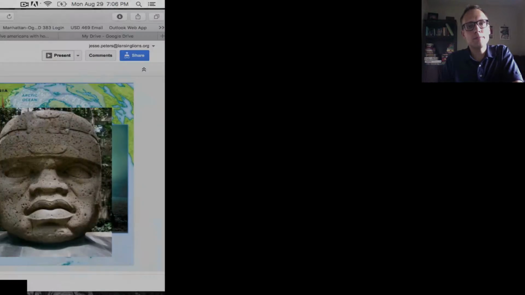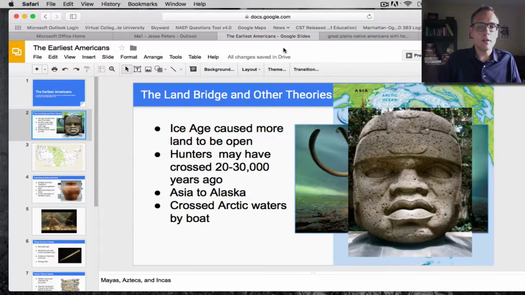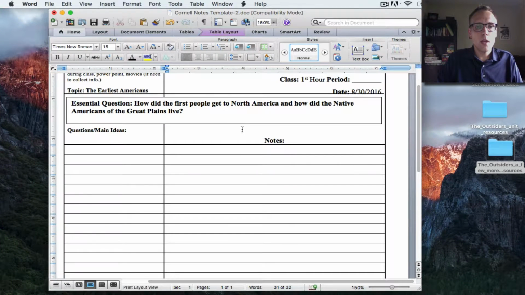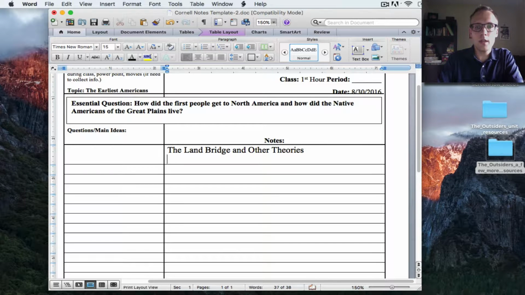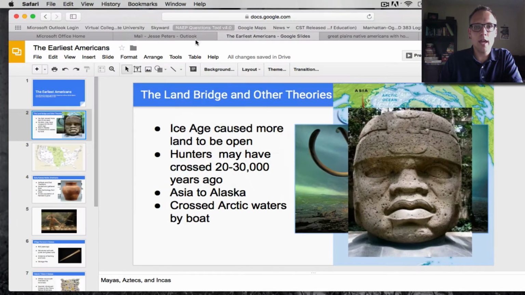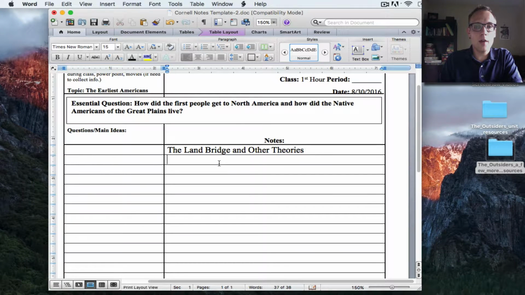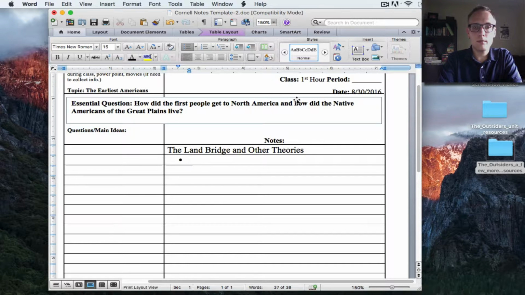So if we come back out of our notes here, and we go to our notes, we can type down a few things. So if I'm doing a main heading, I'm going to use the heading that's available to me, which is the land bridge and other theories. It's usually at the top of these, so don't worry about missing that. And then I just type in some of the things that, not only on the screen, but maybe also that I said in the lecture.